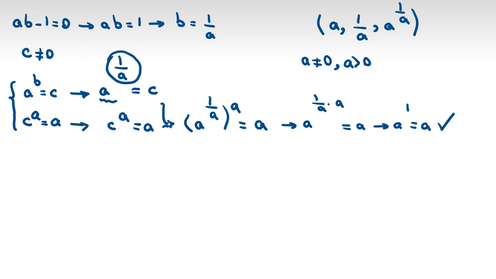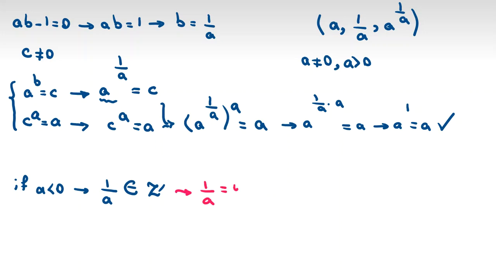So if a is less than 0, 1 over a should be an integer because it is in the power. And because it is in the power and it should be an integer, what can we say? We can say 1 over a, for example, is w, where w is an integer. So a equals 1 over w, where w is an integer and w is not 0.